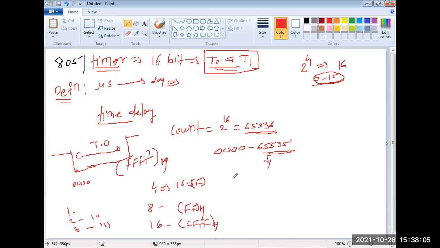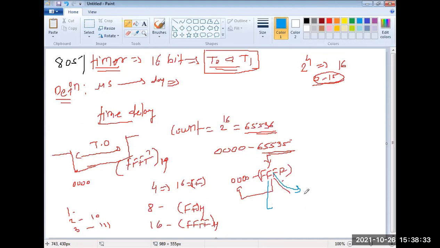Okay, so this value I'll write in hexadecimal, FF. When we start the timer, either timer 0 or timer 1, it starts counting the pulses and starts decrementing the value from maximum to lower. For this I need 2 registers to upload this value.